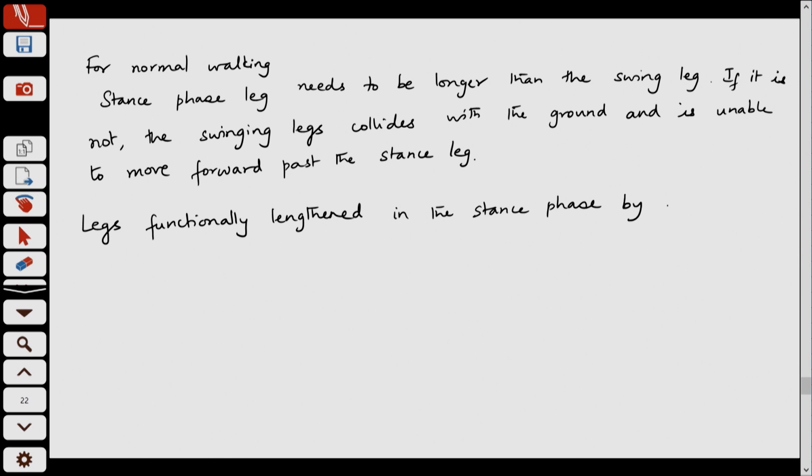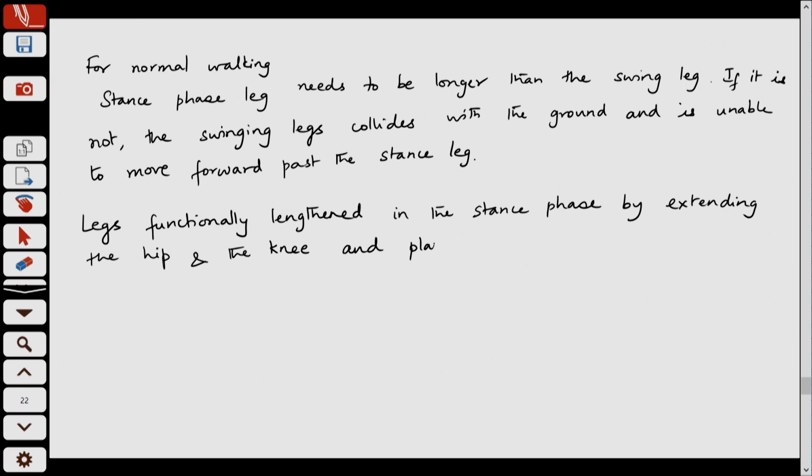By extending the hip, and extending the knee. And what else? What is happening at the ankle to extend the leg?